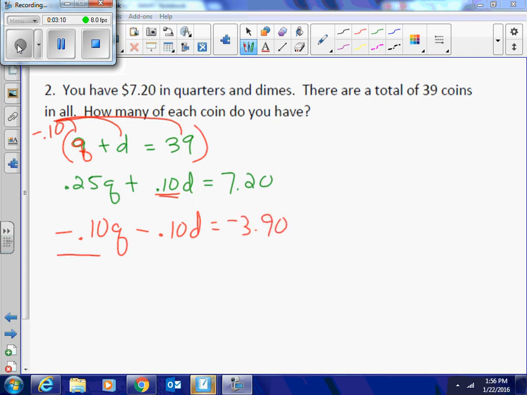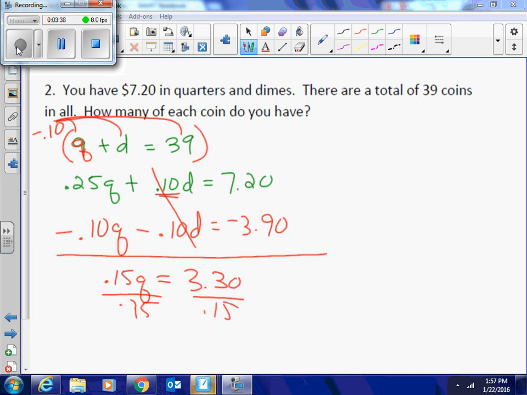Now I'm set to add the two equations together. 0.25Q minus 0.10Q is 0.15Q. The dimes eliminate, that was the plan, and my money adds up to $3.30. Now divide both sides through by 0.15.